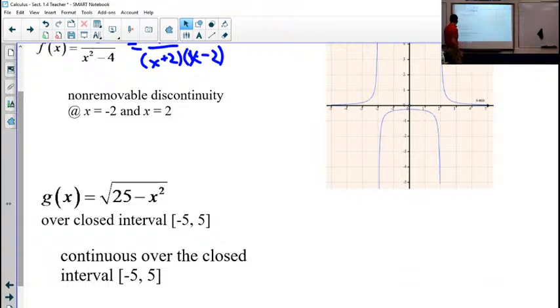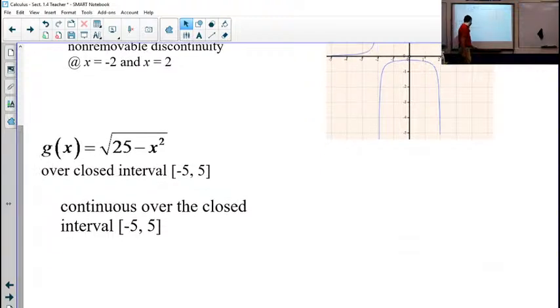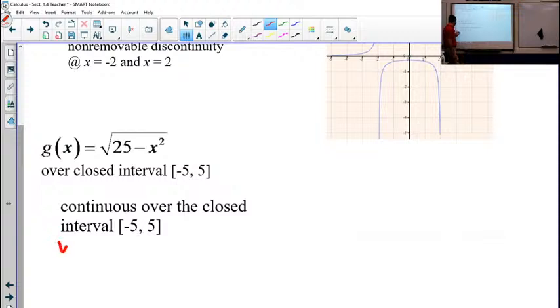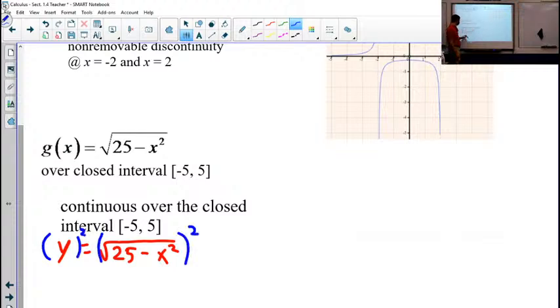What does this graph look like? Well, let me put it in a more recognizable form. I'm going to square both sides. I don't like the square root.